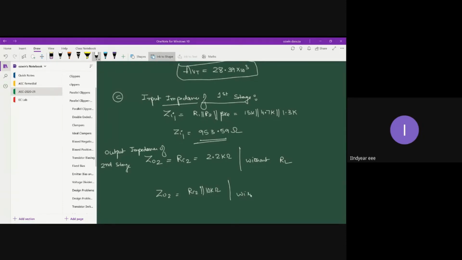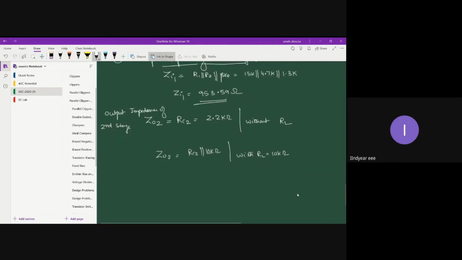Okay, this is with RL equal to 10 kilo ohm. So if you consider a load resistor, you will have your output impedance equal to RC2 parallel with 10 kilo. So that is 1.8 kilo. Okay, so that concludes this particular problem.